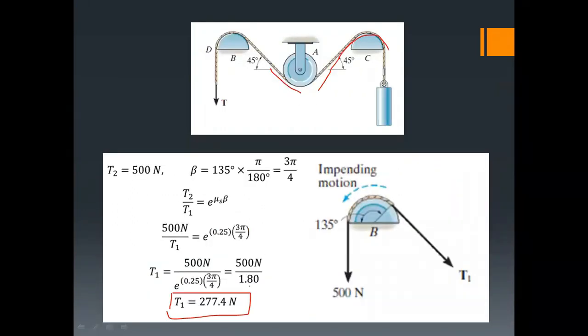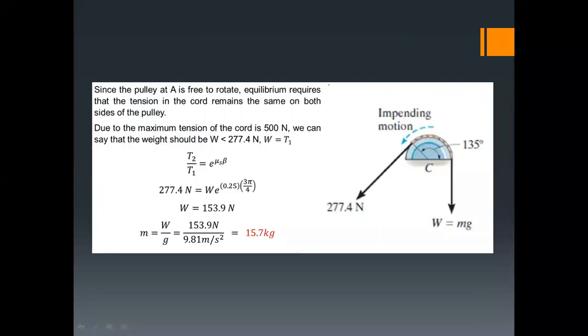Nakuha naman natin yung T2 dito from our side sa pulley natin sa A. And then, makuha natin siya by saying na mas greater yung tension natin dito sa T2, which is yung 277.4. So, we'll get our weight, or force na nag-apply dito sa C, na 153.9 Newton.